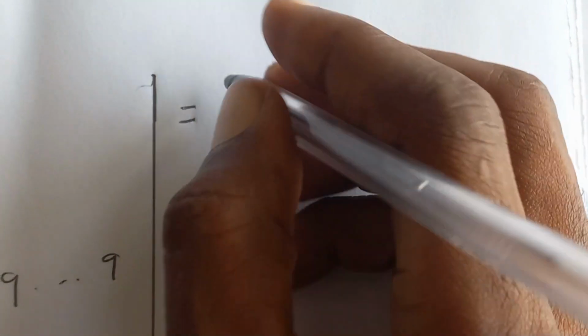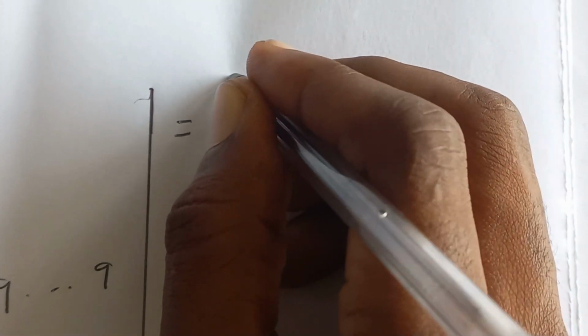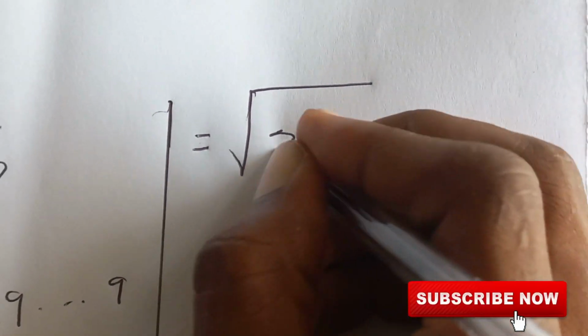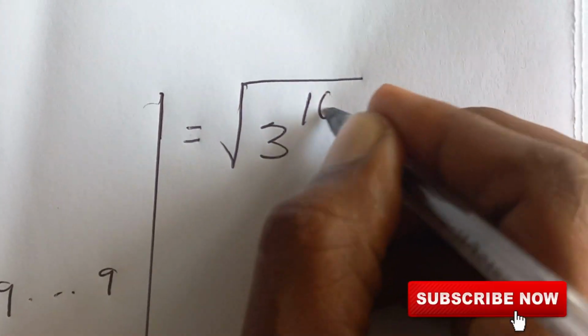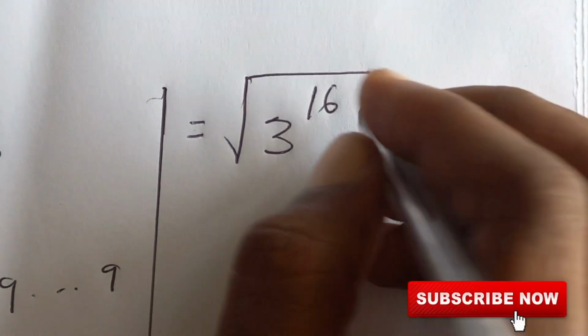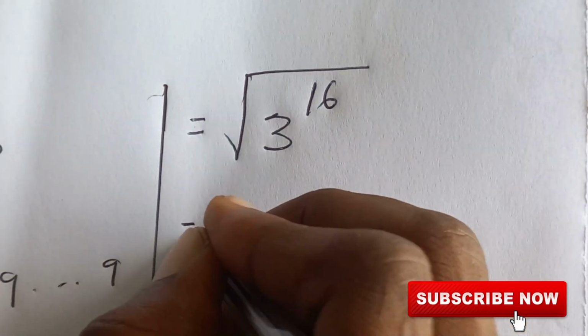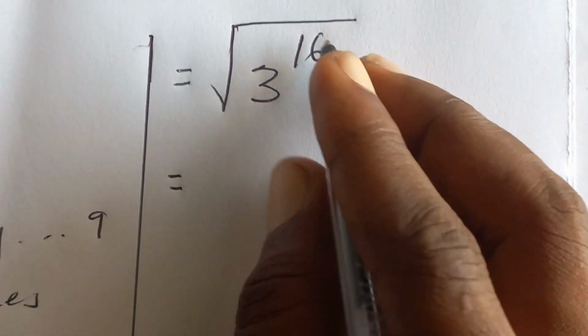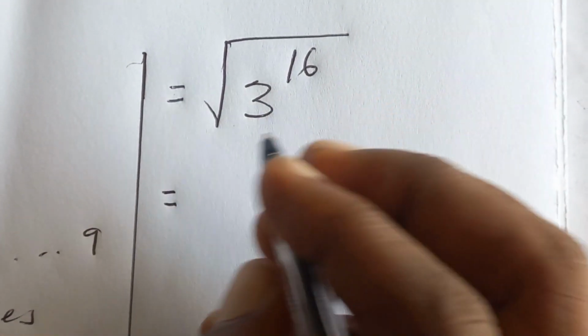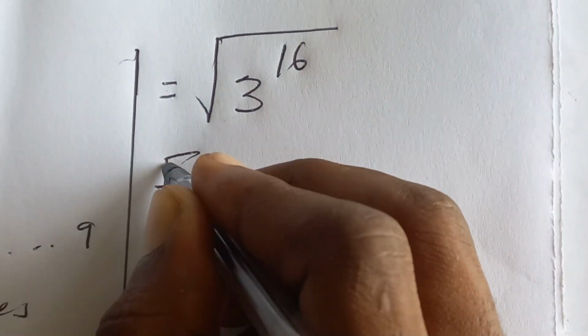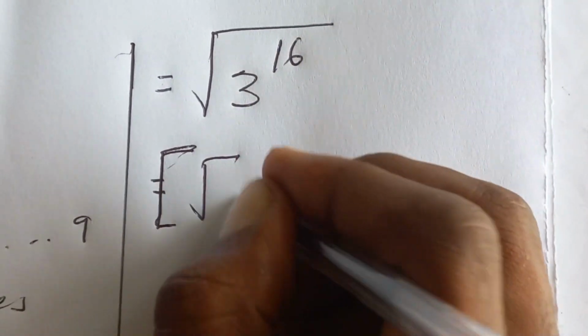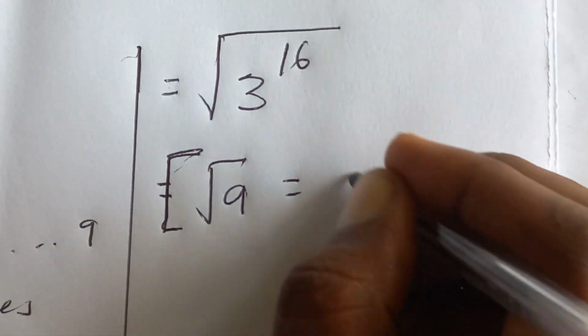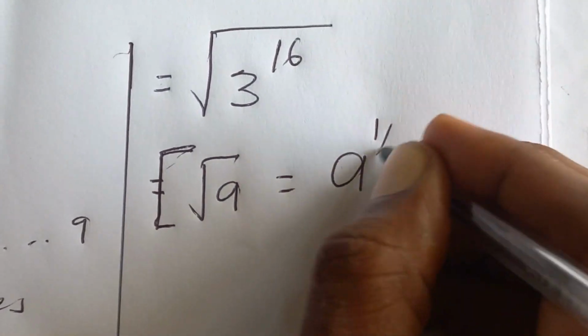It's equal to the square root of 3 exponent 16. So now, 3 exponent 16 is what we are going to solve. We have root of a is the same as a exponent half.